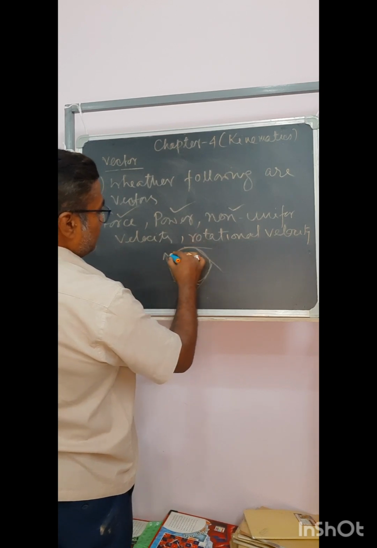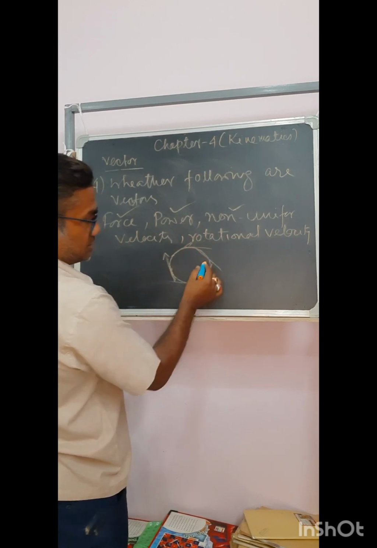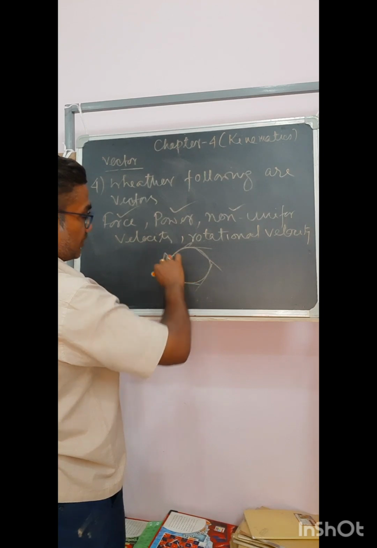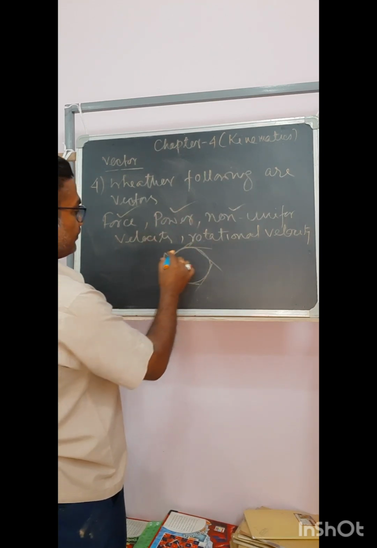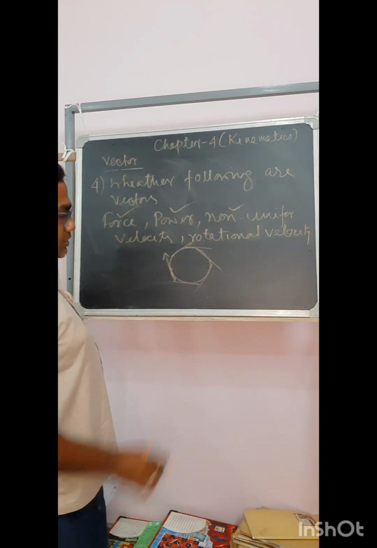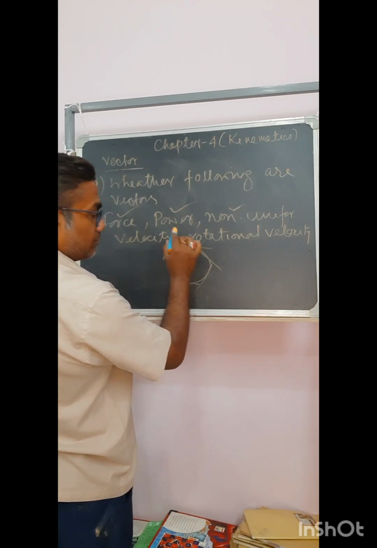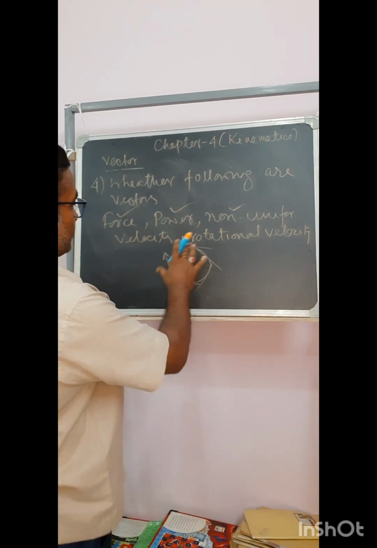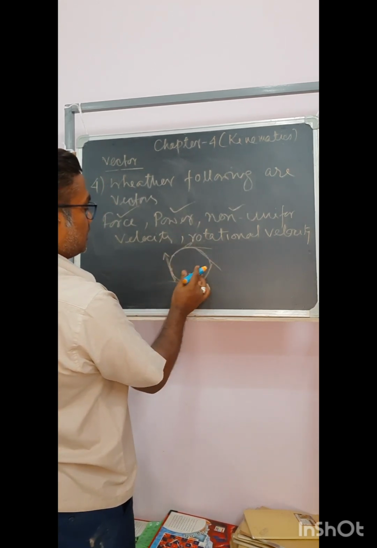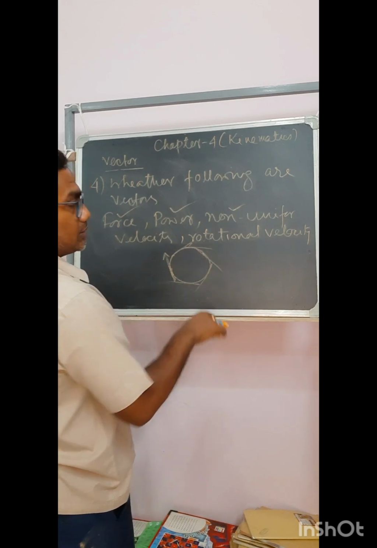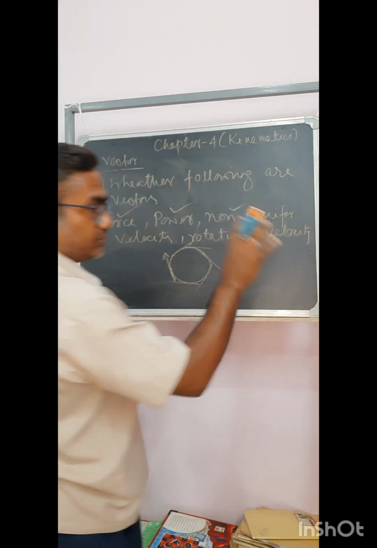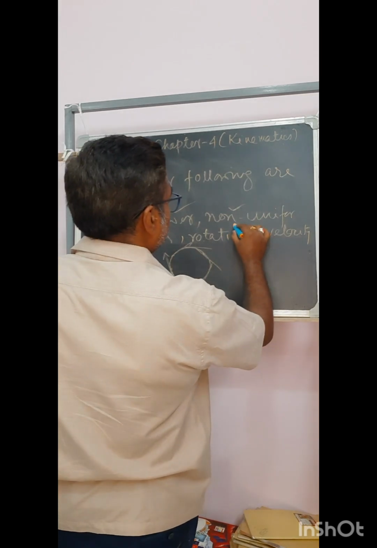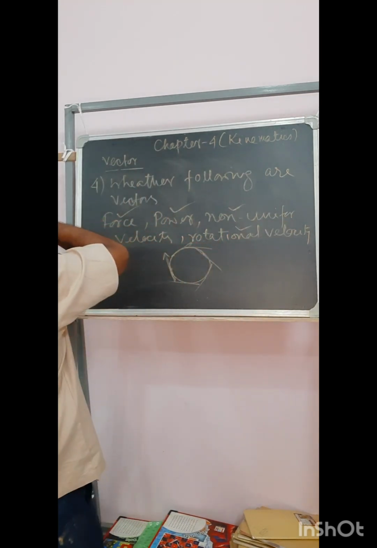The velocities will change because the direction is changing, although the value may be the same. Although it is changing constantly, at a certain point of time the velocity has some direction. So rotational velocity is also a vector.